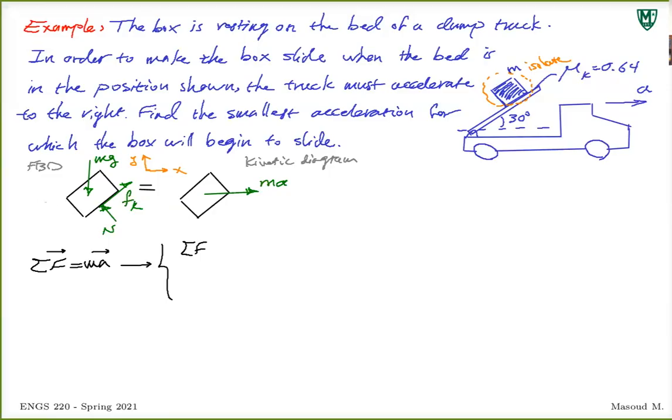But that means this angle is 30 degrees, and as a result, this angle is also 30 degrees. These two are the same. So in the x direction, sum of forces is equal to max. Motion is to the right, so I'm going to take right as positive.